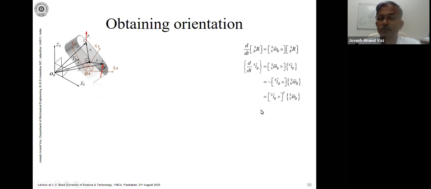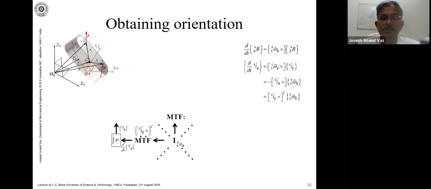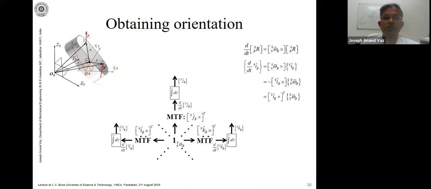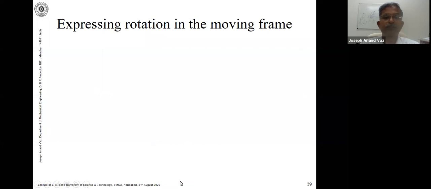So when you compile this, from the one junction representing the angular velocity of the body, you can obtain all the columns of the orientation matrix. So I, J, and K. When you compile them together, you get all the three columns of the orientation matrix. That is how you can obtain the orientation matrix. It's actually represented by a single matrix differential equation like this.